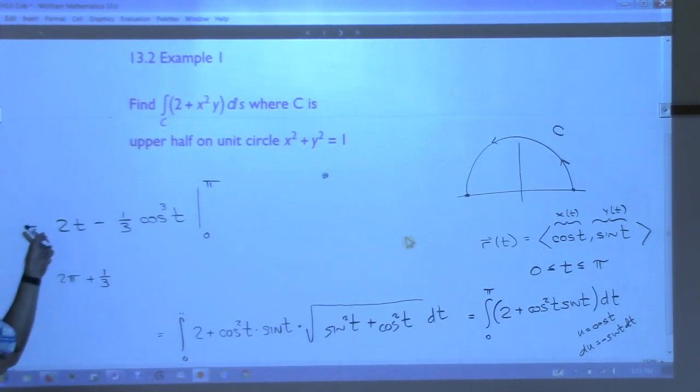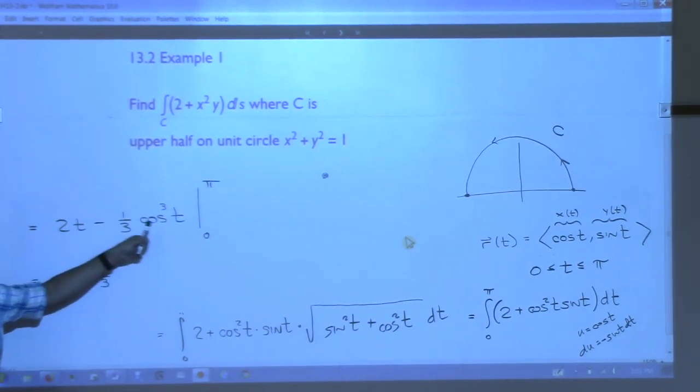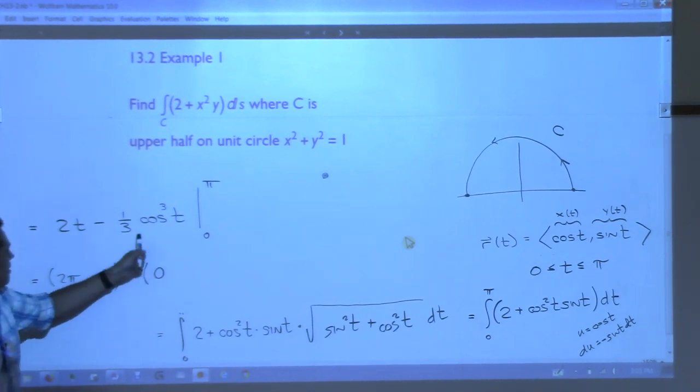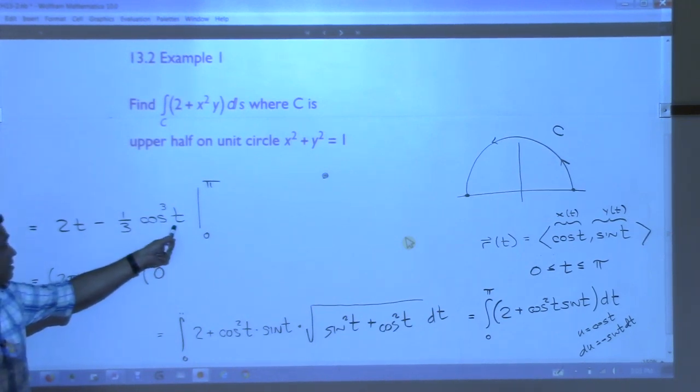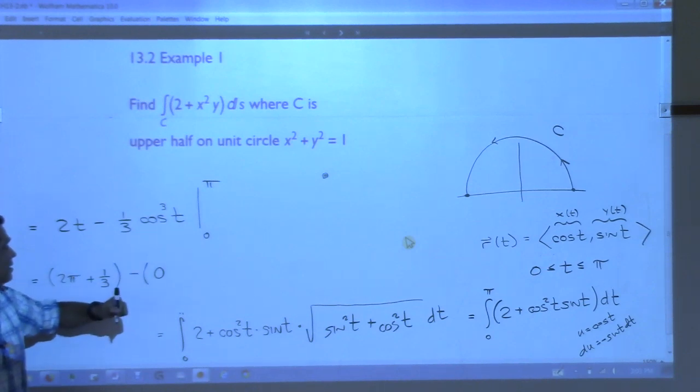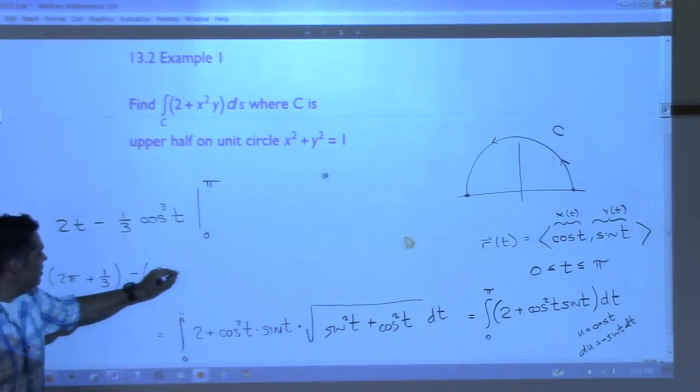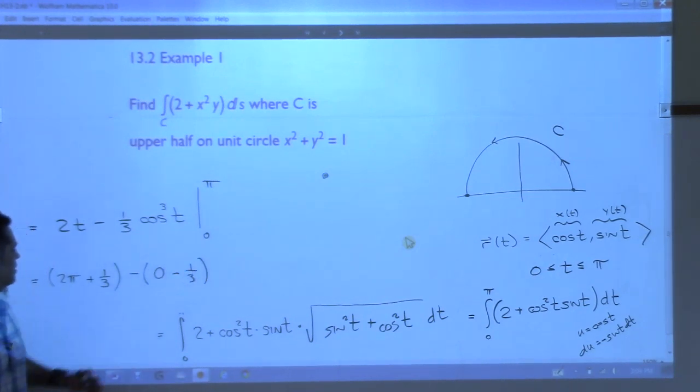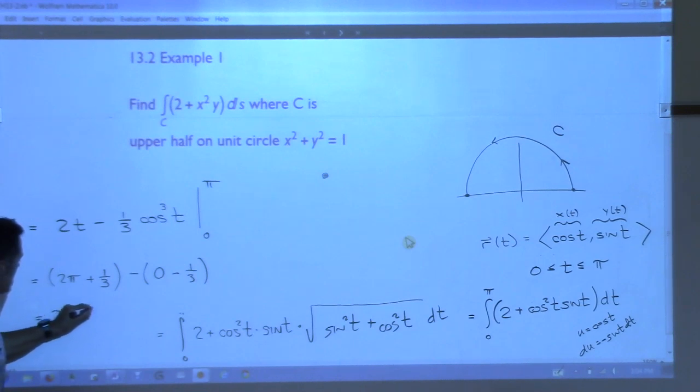Now plug 0 in. Be careful on 0. We get 0 for the first term, but then cosine of 0 is 1, so we go minus a third. So we wind up adding another third to this. So 2 pi plus 2/3. That is the exact area of the curtain hanging from that surface on that domain C.